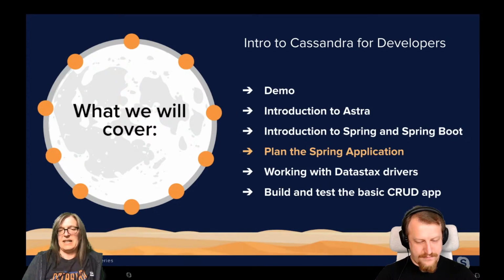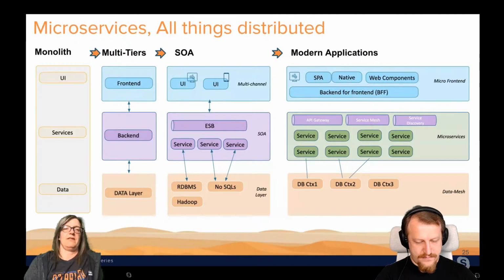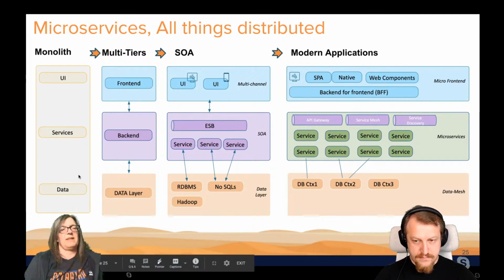Okay, so let's plan a little bit what we're going to build. A few words about microservices and a little bit of the history, perhaps. Very often the question comes up, what is a microservice? These are basically small autonomous services that work together, but they're positioned in contrast to the traditional monolithic application.